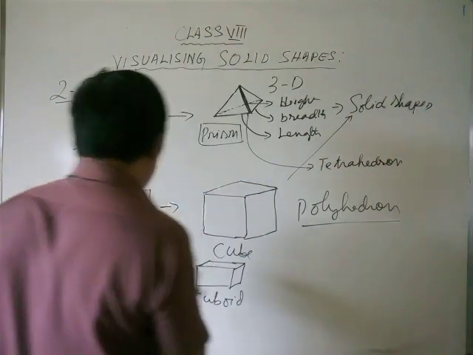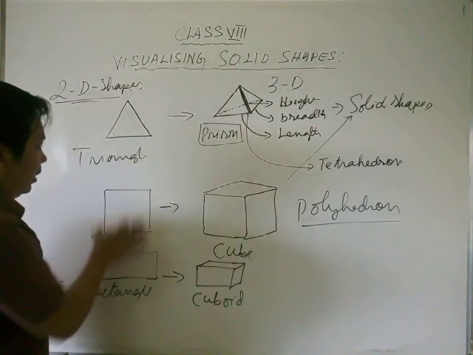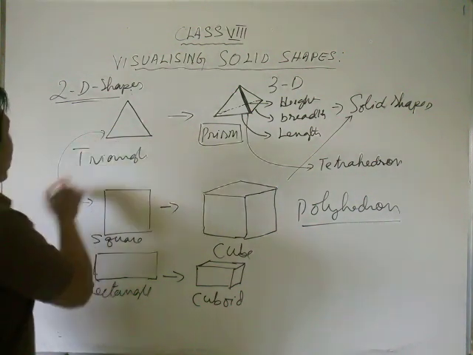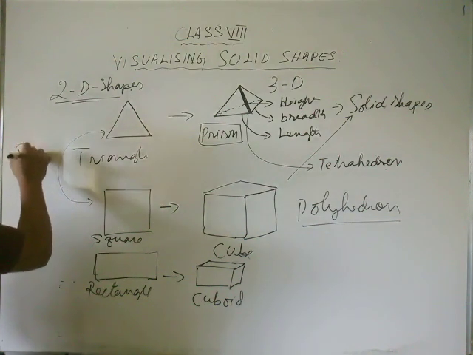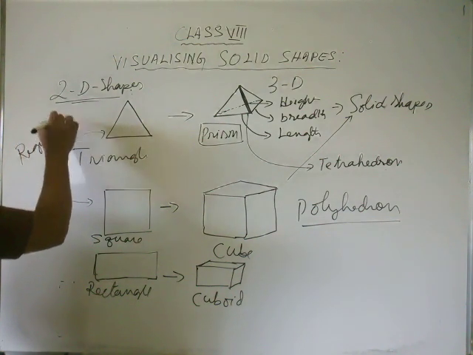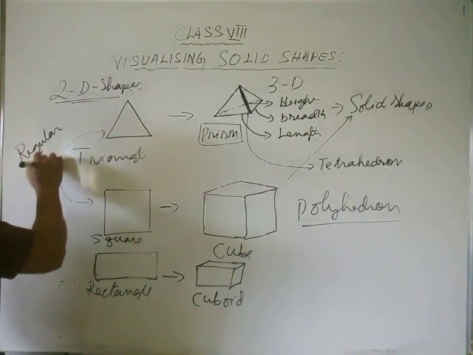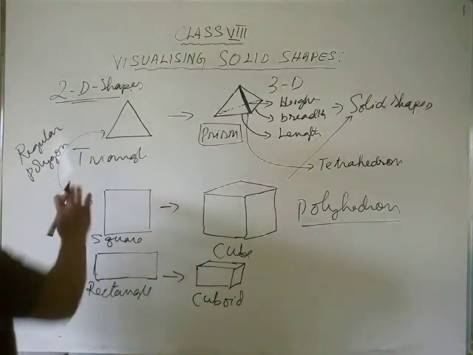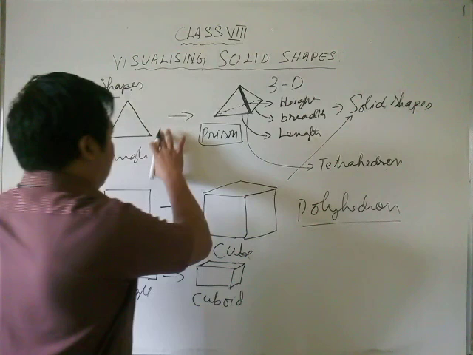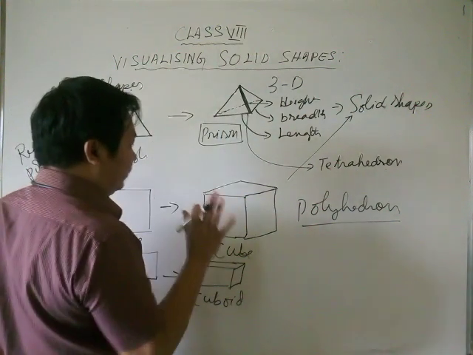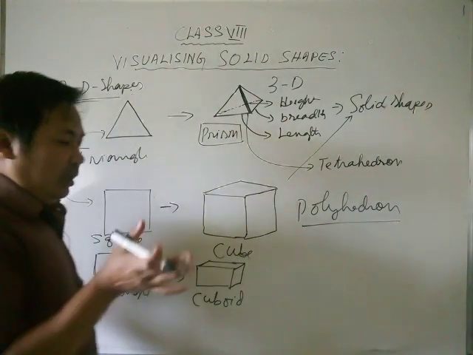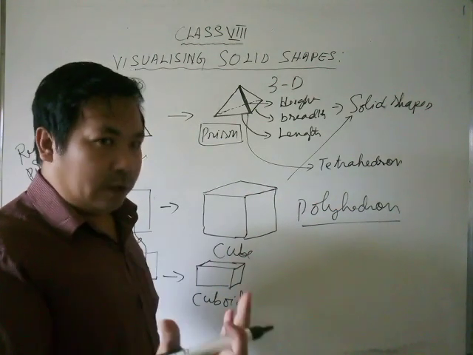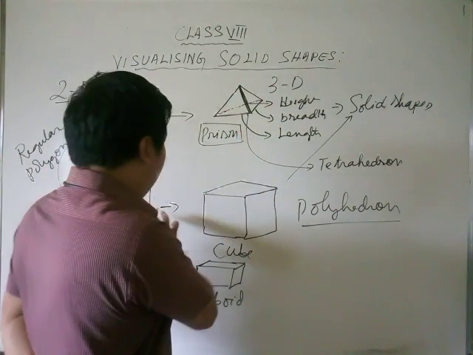For example, let us say that these two are called regular polygons. So their faces also will be regular polygons.